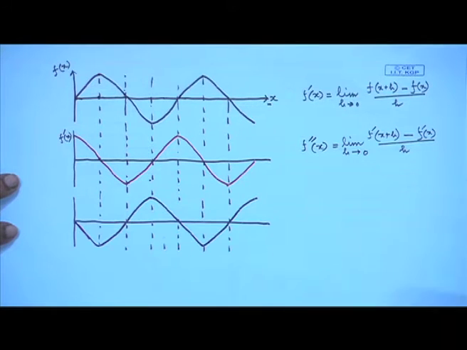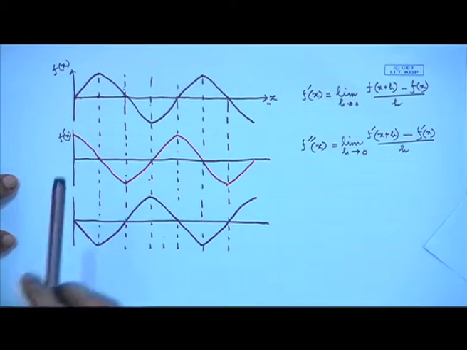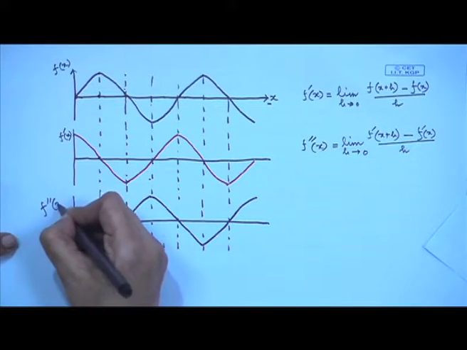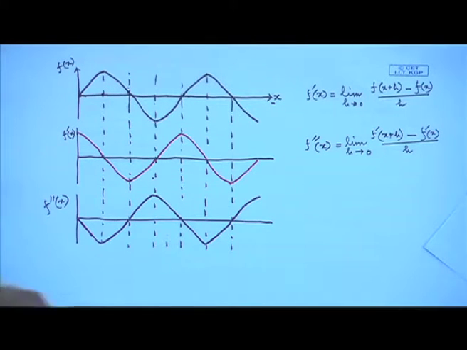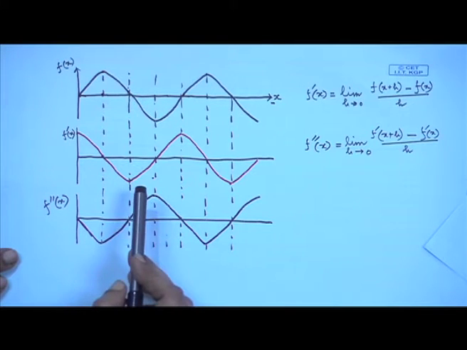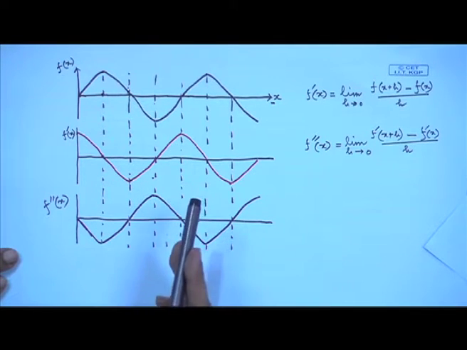If I even draw it, just to see what is happening, if this is my f double prime x, then the function is coming down, all are negative, 0 at this point, because the function is changing its behavior from negative to positive, rather from decreasing to increasing.